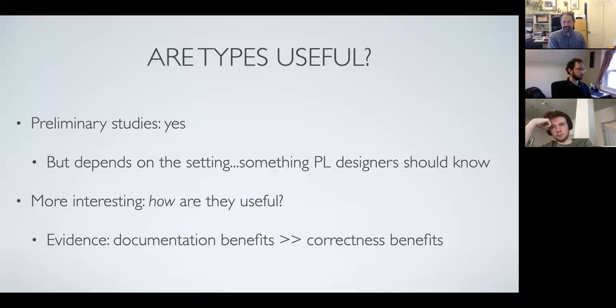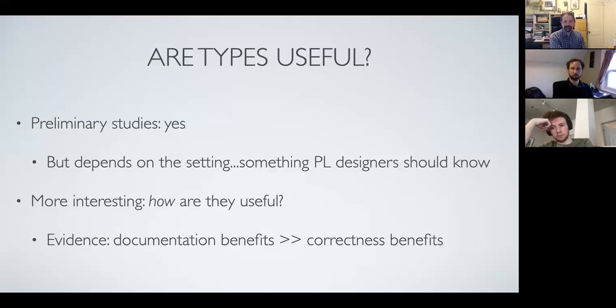Perhaps more interesting is the question, how are types useful? The evidence that I've seen shows that, for example, the documentation benefits of types, the fact that you can look in a library and have automatically checked documentation of what the inputs and outputs of functions in the library are, may be more important than the correctness benefits.